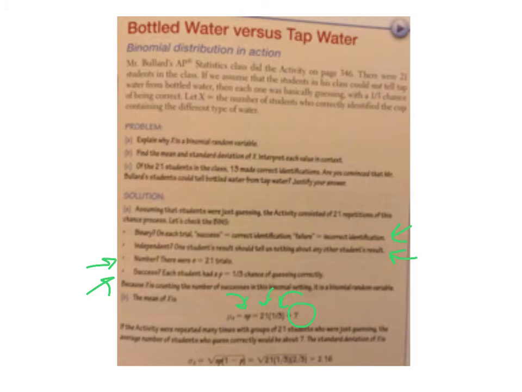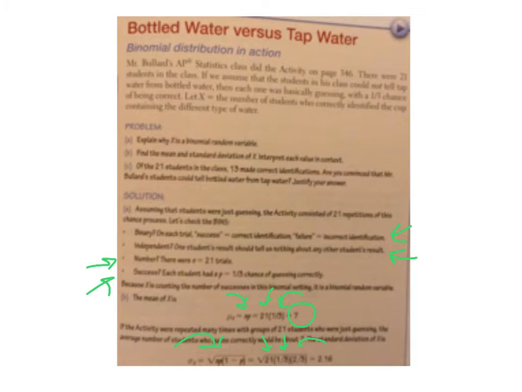For standard deviation, again, I can just plug into the formula, the square root of n times p times 1 minus p. So 21 trials, probability of success 1/3, probability of failure 2/3, multiply all that together and take the square root, and I get a standard deviation of 2.16.